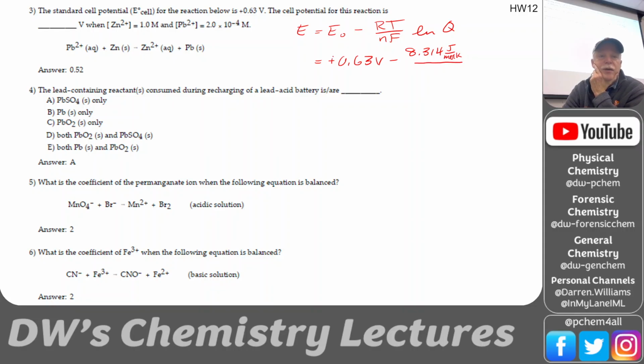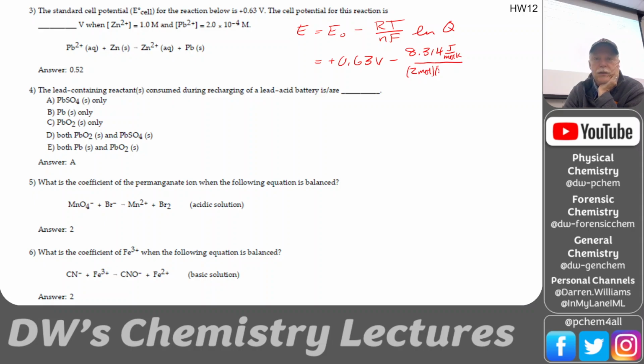This is a pretty easy one to balance with the number of electrons, because we've got two electrons switching from the zinc to the lead. So zinc's being oxidized, lead's being reduced. They're trading two electrons. So we have 2 moles of electrons.